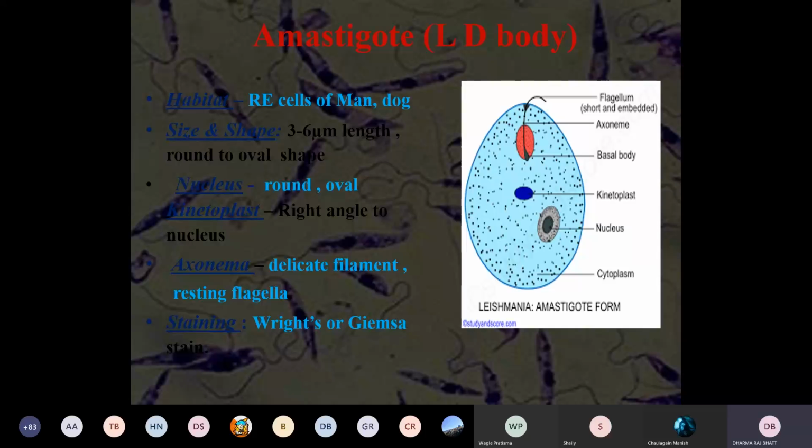Right. So next, details of these two morphological forms. These amastigote forms of Leishmania donovani are also known as LD body. Any guess what LD is? What does L stand for? What for D?